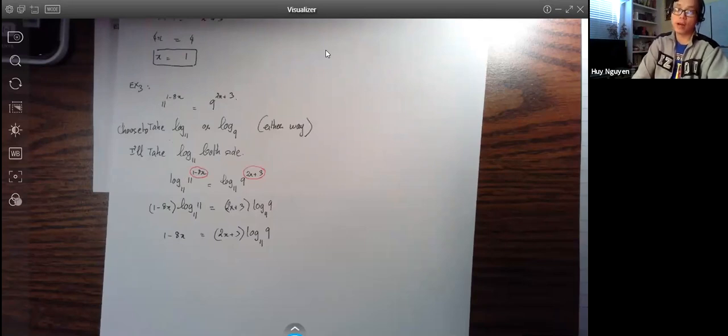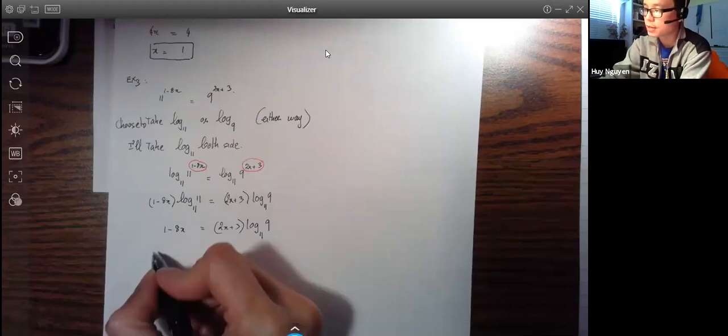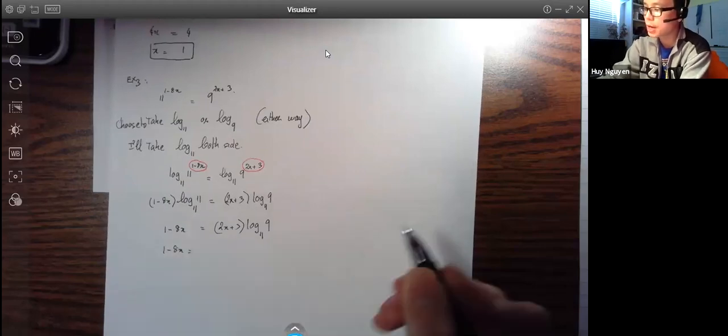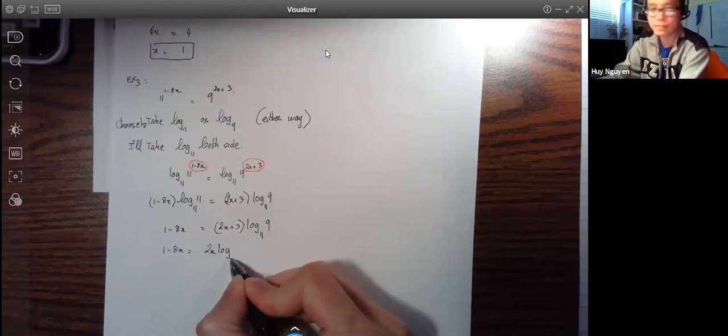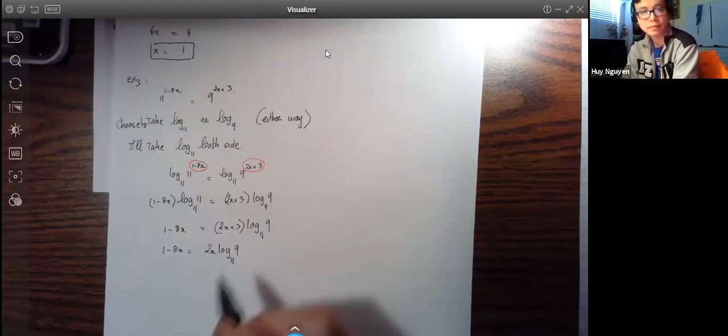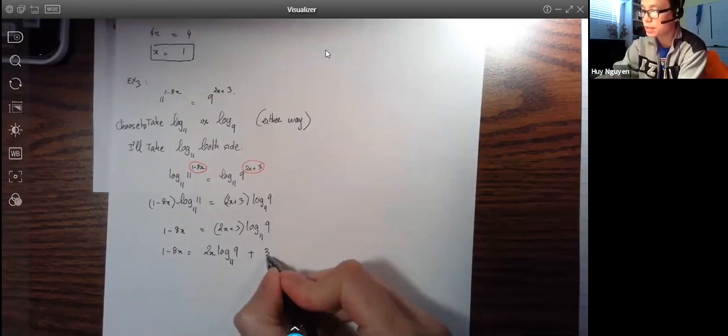Your goal right now is to find x. Remember, every time you see the parentheses, just go ahead and distribute it. So 1 minus 8x equals 2x times log base 11 of 9 plus 3 log base 11 of 9.